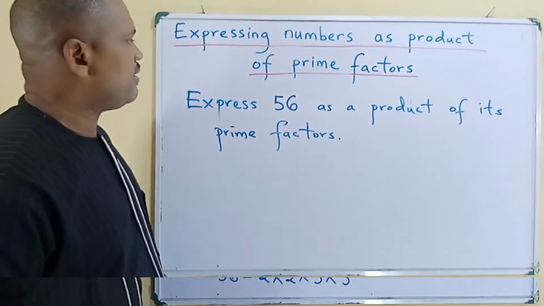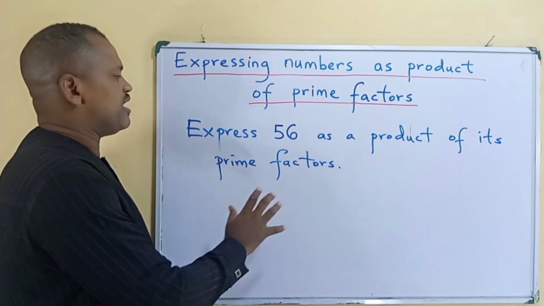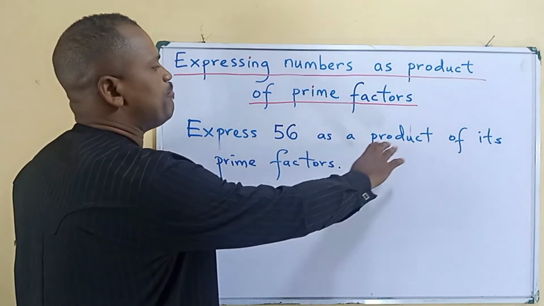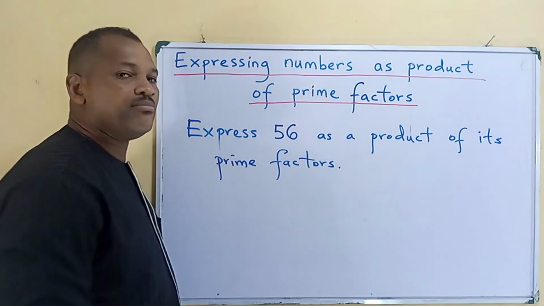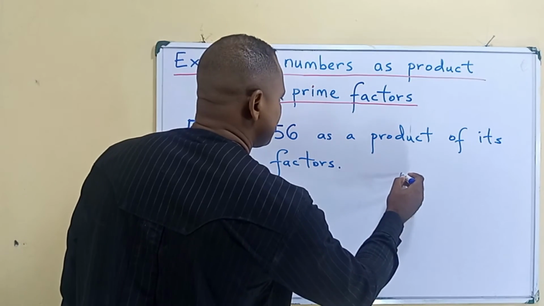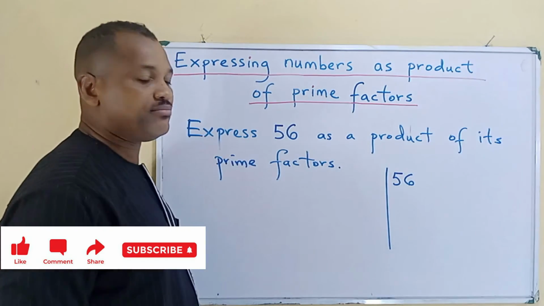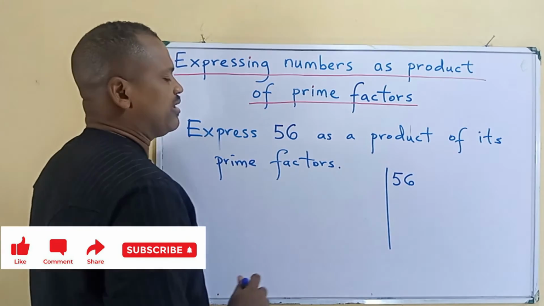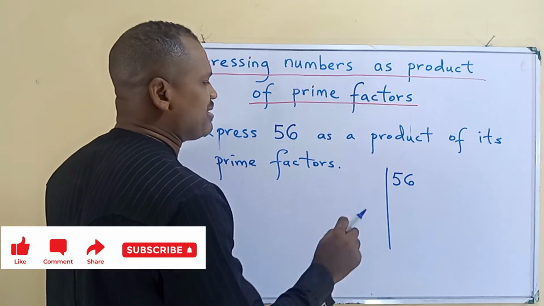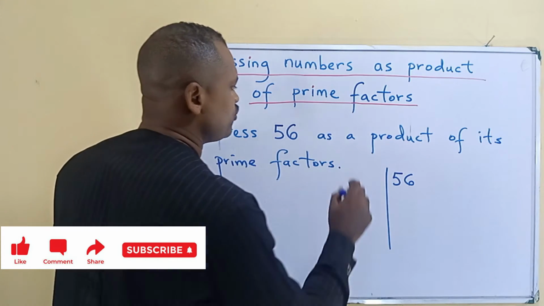This method is what we call prime factorization. Now, this is another example. Here you have to express 56 as a product of its prime factors. Simple. Write 56 like this. Draw a line. What are the factors of 56? Numbers that can divide 56 without remainder, that are also prime numbers. 2.